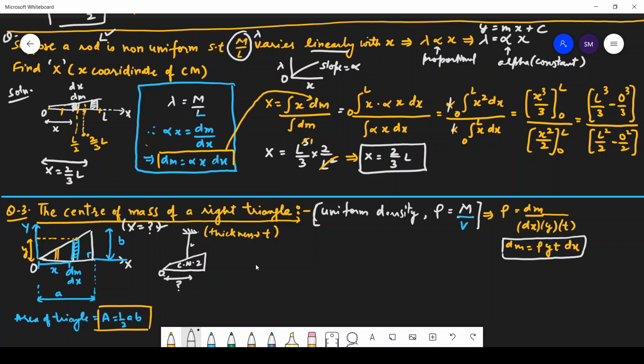This is an infinitesimally small strip of the triangle. So dx is tending to 0, making it as thin as possible.